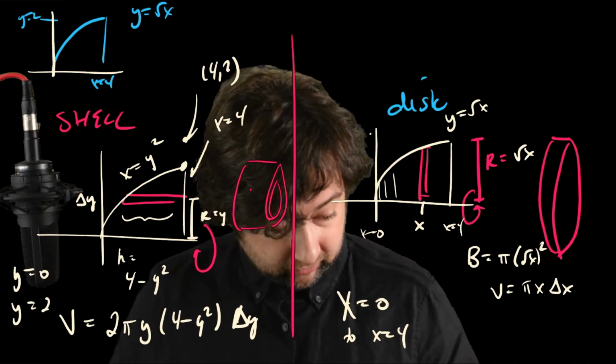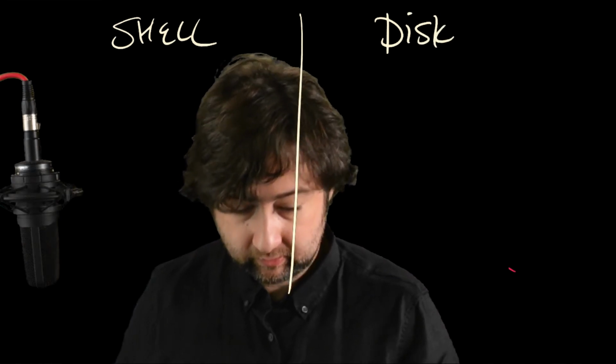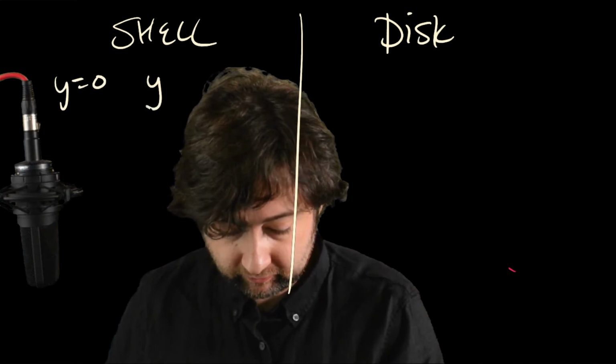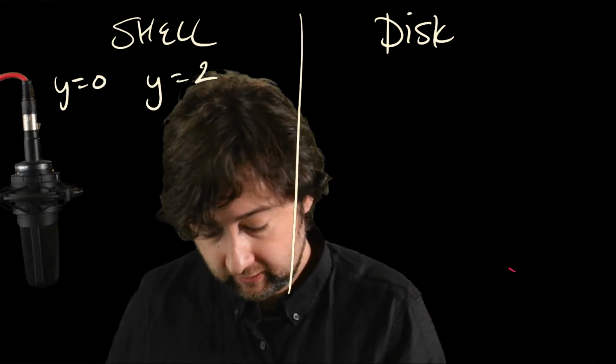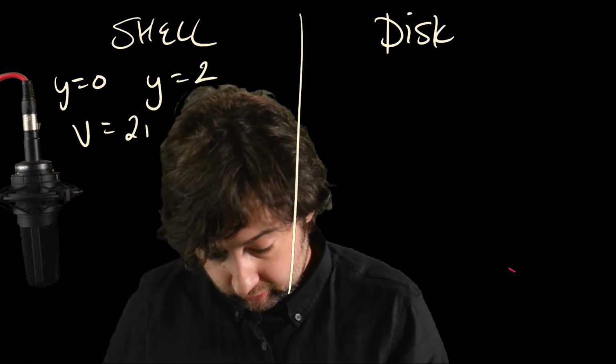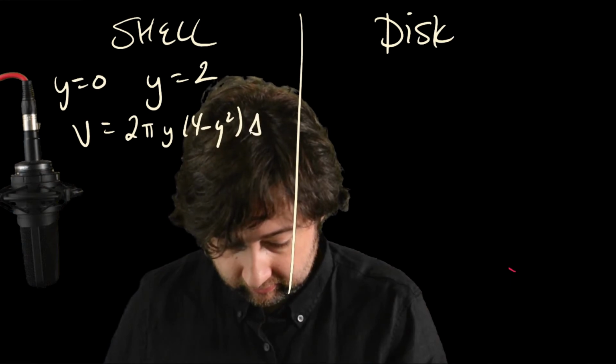Okay, so these two integrals turn out to be, of course, exactly equivalent to each other, unsurprisingly. So the typical volume here, we started at y is equal to 0, we finish at y is equal to 2. Our typical volume of the shell that we were adding was 2 pi y 4 minus y squared delta y.